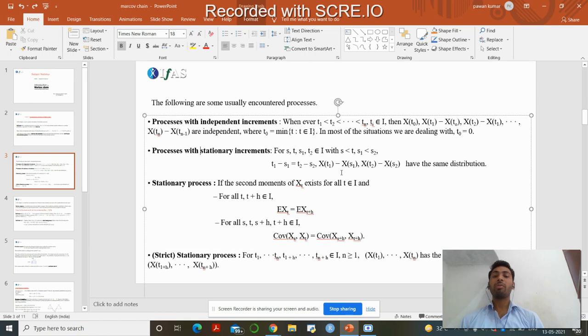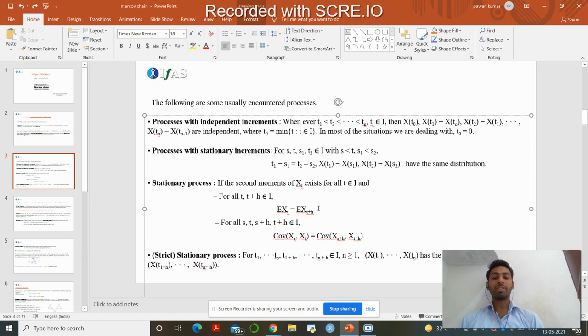Now we define a stationary process. If the second moment of the stochastic process Xt exists, then for all t and t plus s, where t belongs to the index set I, the expectation of Xt equals the expectation of X(t+s); it does not depend on h.